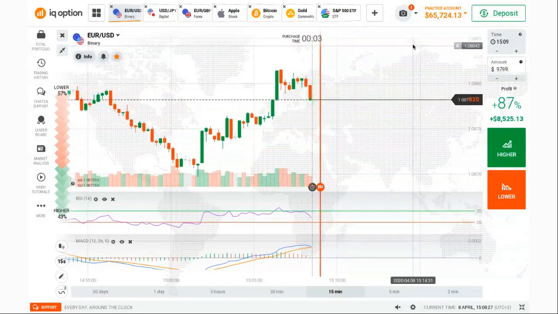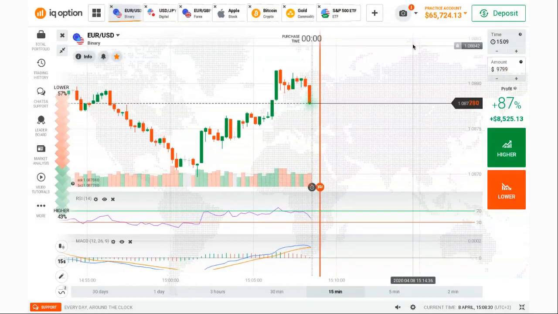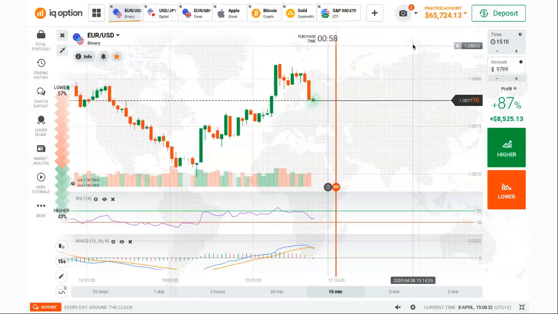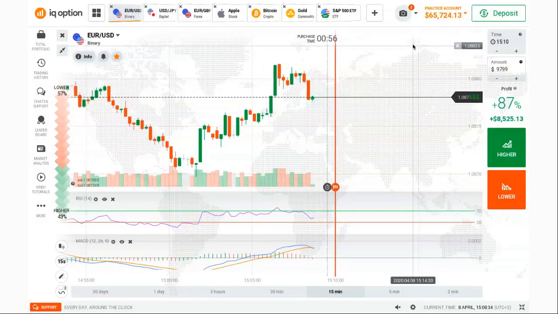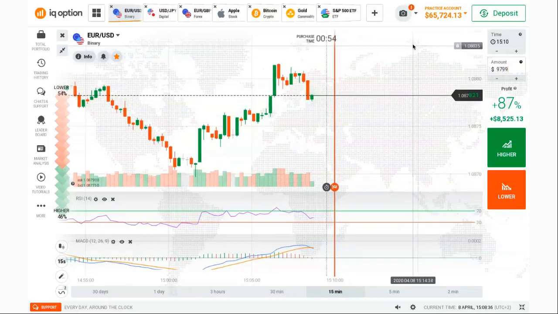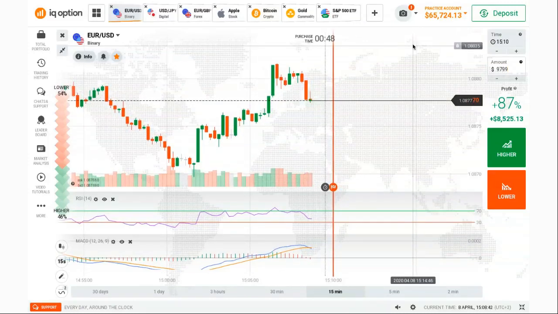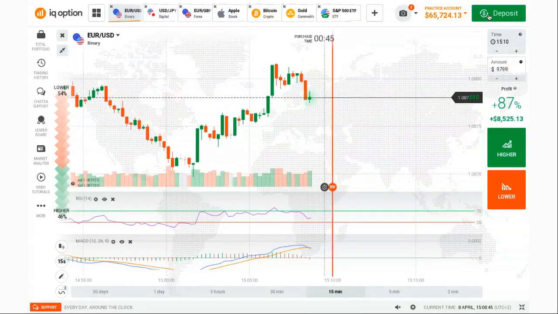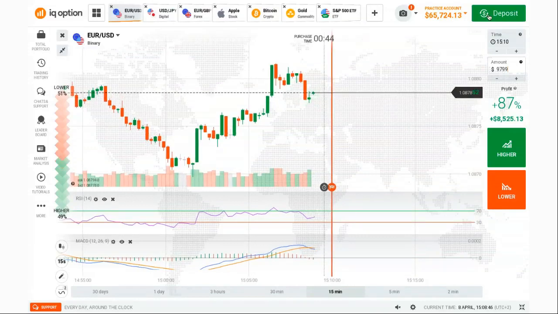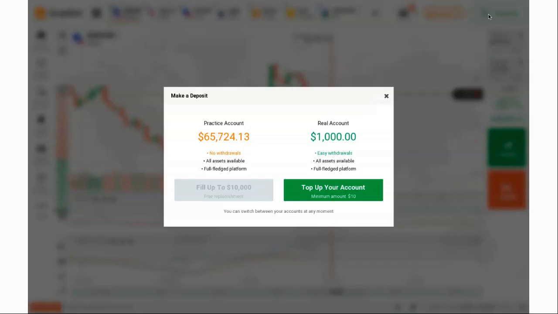There's not much more to show you with the first part of the webinar. That's the two different types of accounts. No more bells and whistles. Let me move on to how to deposit and then how to withdraw. Big green button. Can't miss it. Deposit. We click on it.